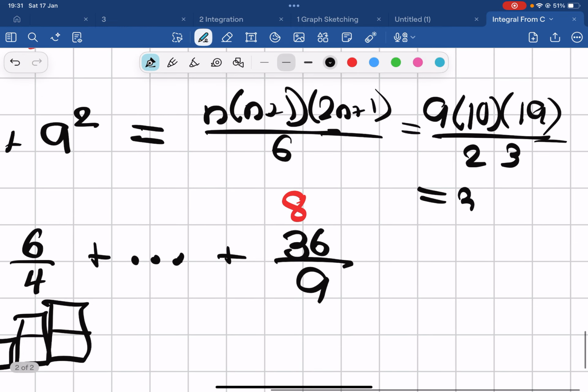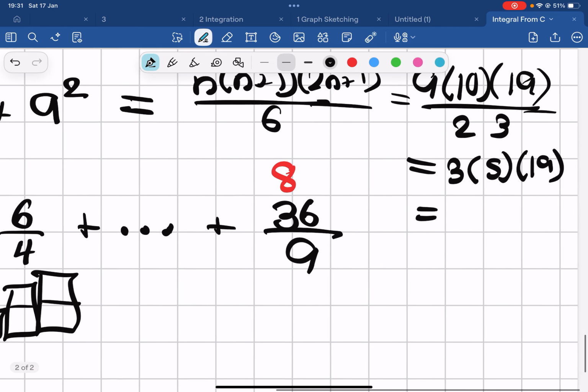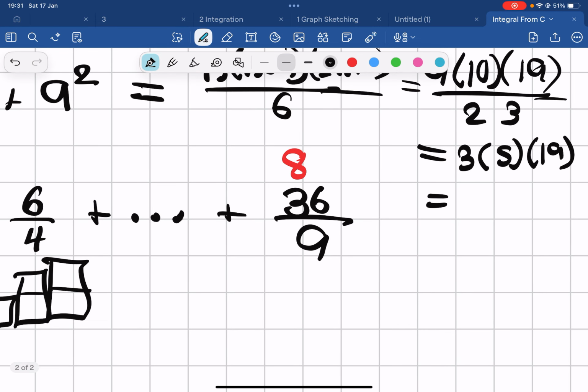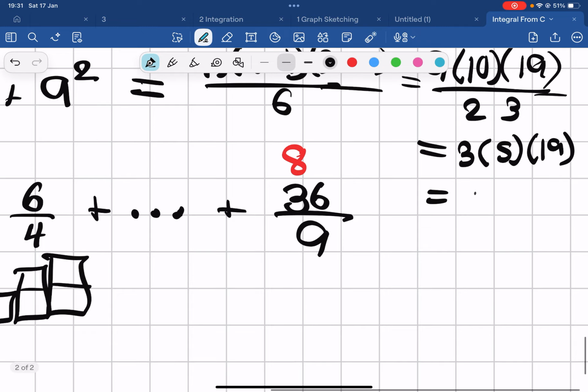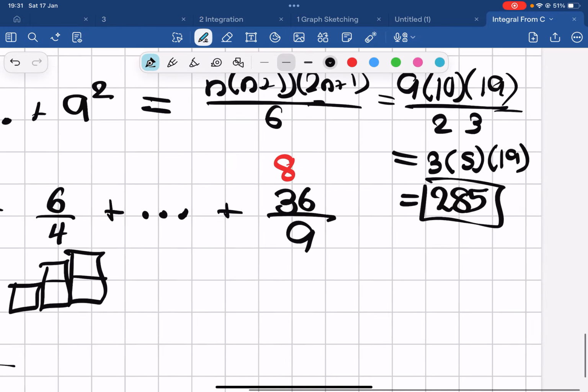The 3 cancels with the 9 to give us 3. 3 times 5 times 19. Let's do this slowly. 5 times 19 is 95. 95 times 3 is 285. That's all our red areas evaluated.